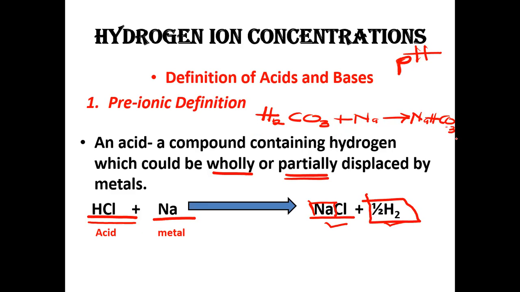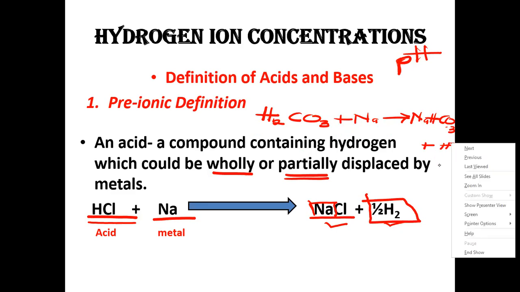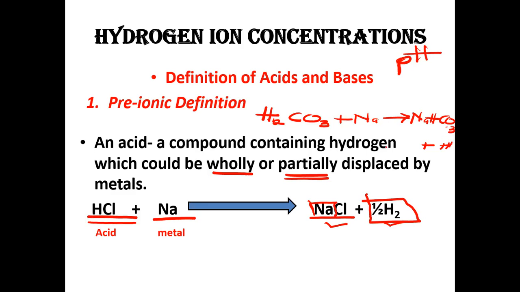We're going to have sodium bicarbonate, and then you have your hydrogen somewhere. So that tells you that this is an example of partial displacement of the hydrogen. And so this compound also qualifies to be an acid.